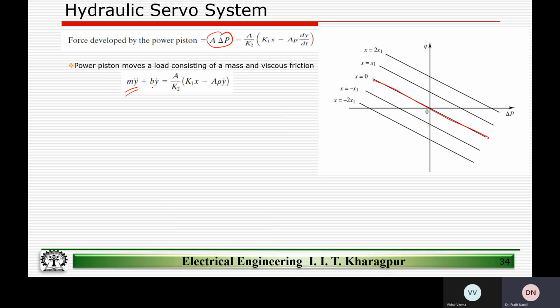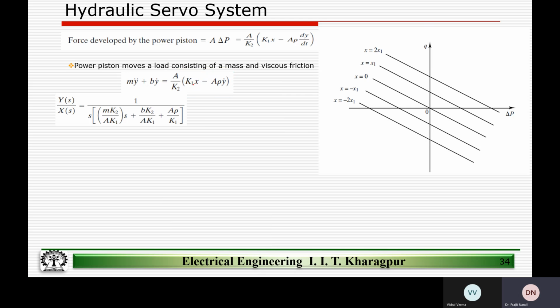So if we equate the force applied by the system with the force experienced by the mass, we end up getting an expression, which was our original intention: to derive a transfer function between x and y, because x was my input signal and y was the output signal, which is nothing but the movement of the mass m.